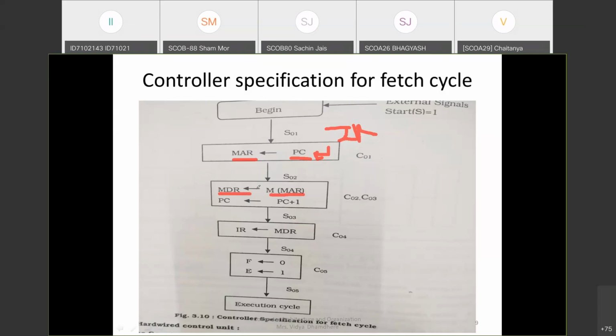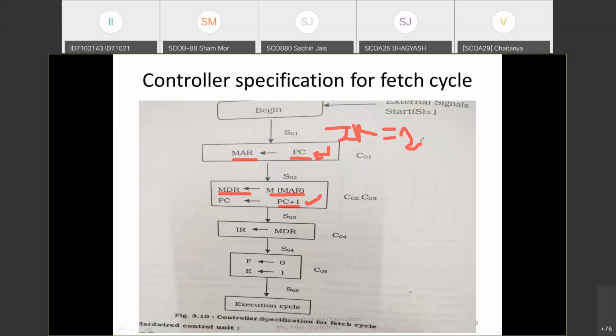After the data is moved to the memory data register, the program counter content will be incremented by 1. When is it going to happen? It will happen when the second instruction comes into the instruction register. That time the program counter content will be incremented by 1. For example, here the first instruction is there.